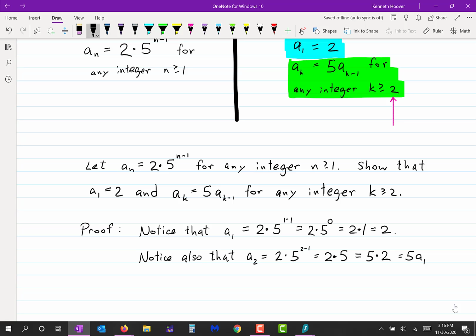Then my inductive hypothesis, suppose a sub k equals 5 a sub k minus 1 for some k equal to or greater than 2.